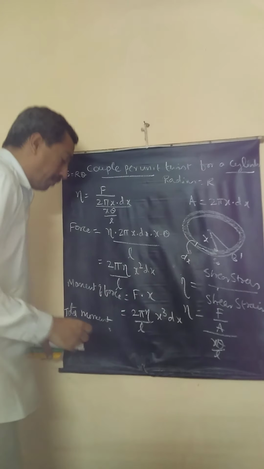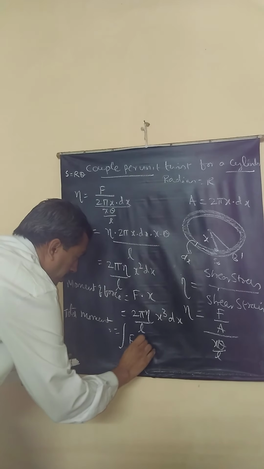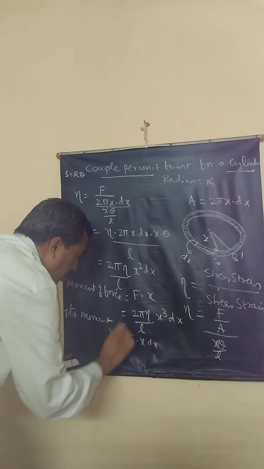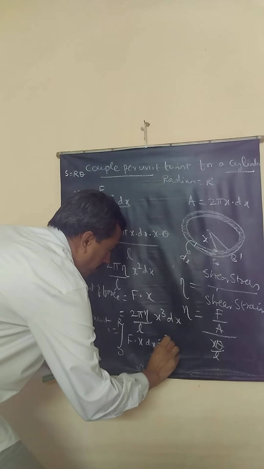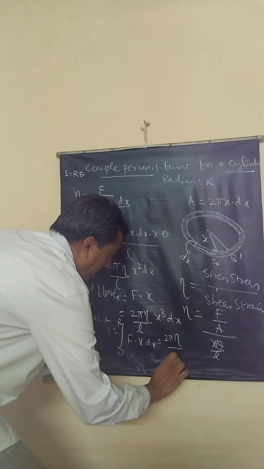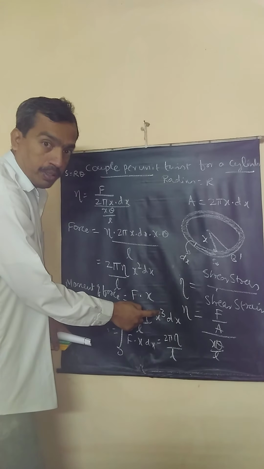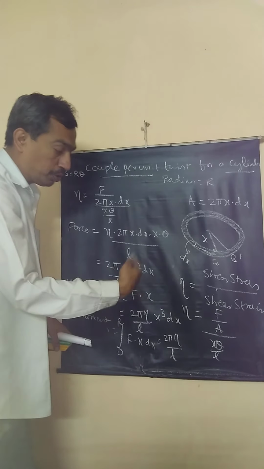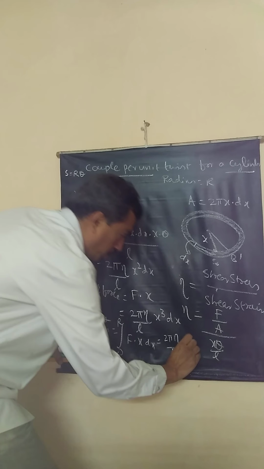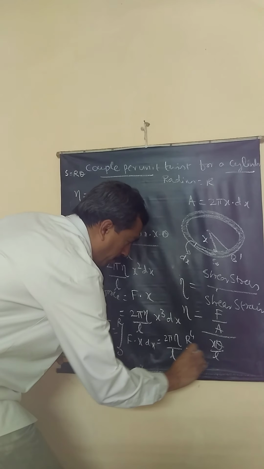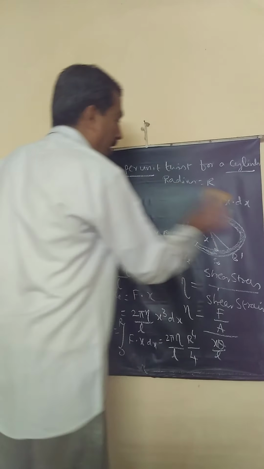So we will integrate from 0 to r. When we integrate this, 2 pi eta by L, x cube, when you integrate it, becomes x to the power of 4 by 4, and with the limits it is r to the power of 4 by 4. Correct?